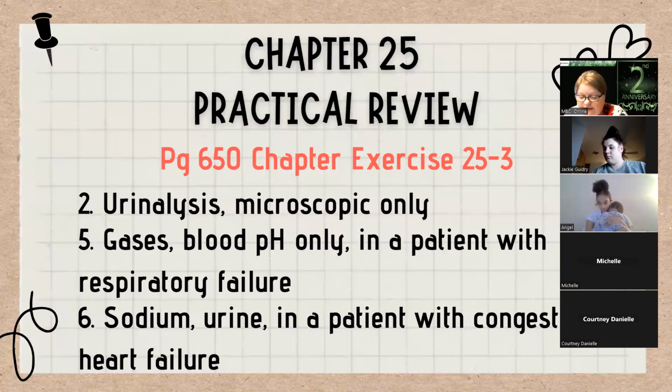So let's read under there. J96.90, respiratory failure, unspecified whether with hypoxia or hypercapnia. And then J96.91 is respiratory failure unspecified with hypoxia. J96.92 is respiratory failure unspecified with hypercapnia.